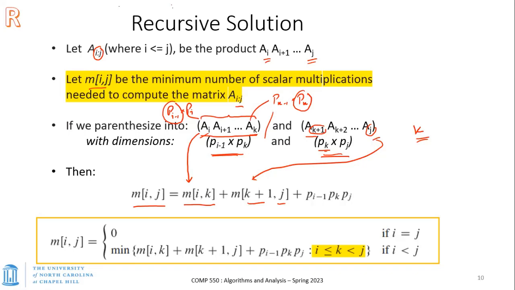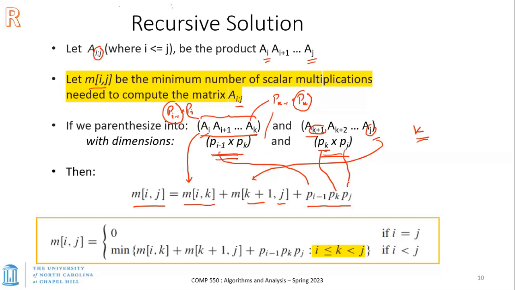And that cost is to compute the multiplication of these two submatrices. And that we know is, if you have a multiplication of two matrices, p_{i-1} by p_k times p_k by p_j, the number of scalar multiplications will be based on p_{i-1}, p_k, and p_j.